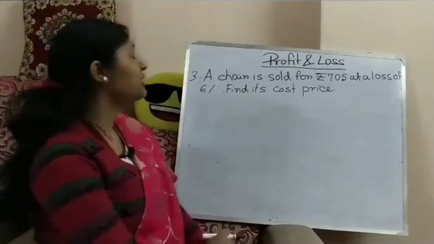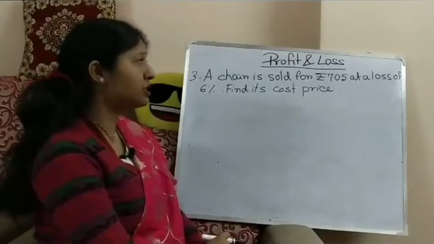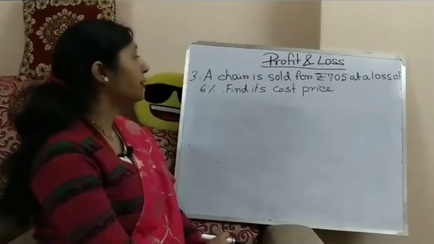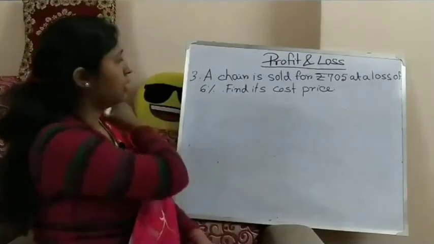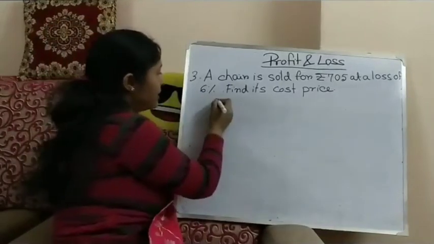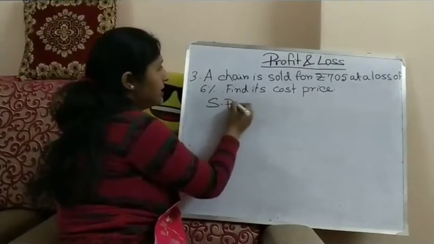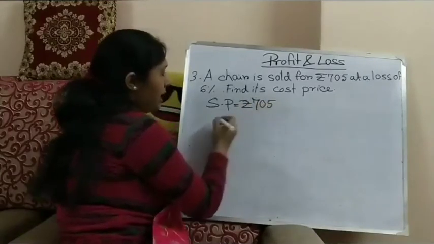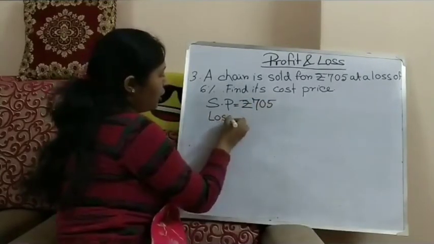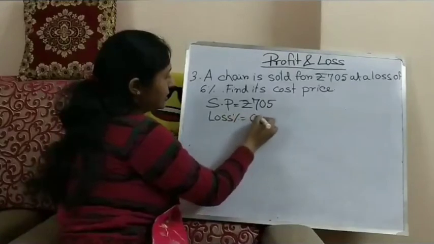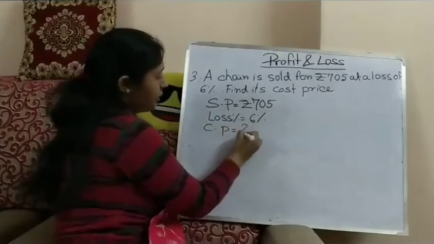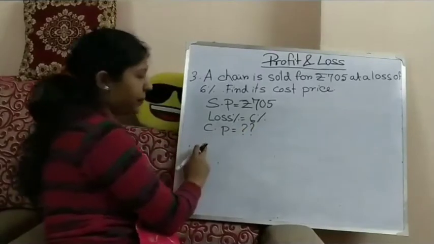A chair is sold for rupees 705 at a loss of 6%. Find its cost price. So we know that here our selling price is rupees 705 and the loss percentage is 6%. So how will we find our CP?